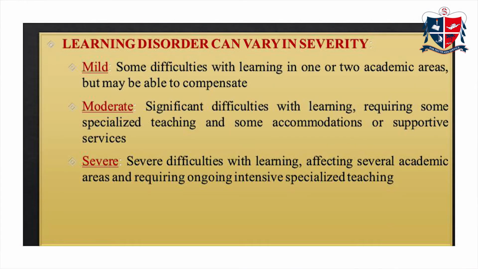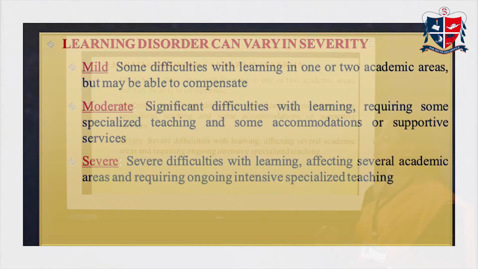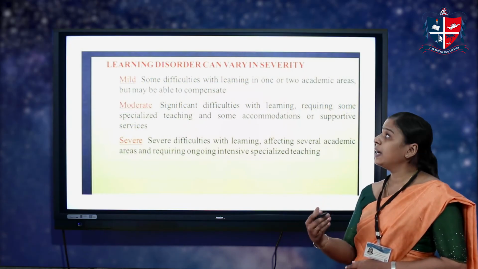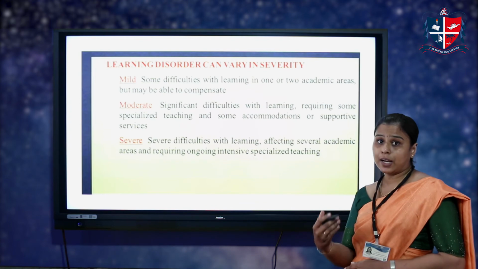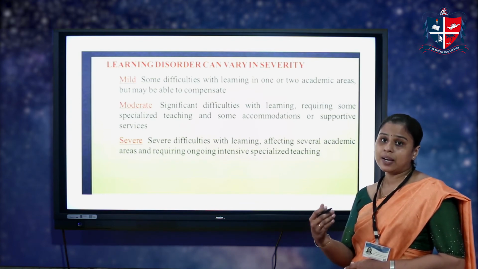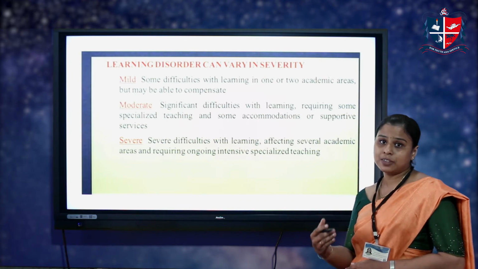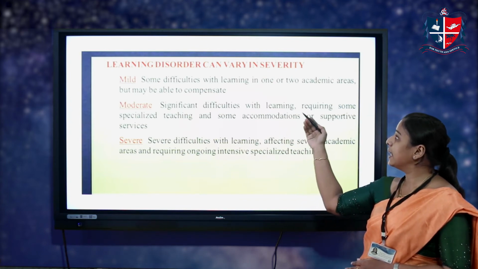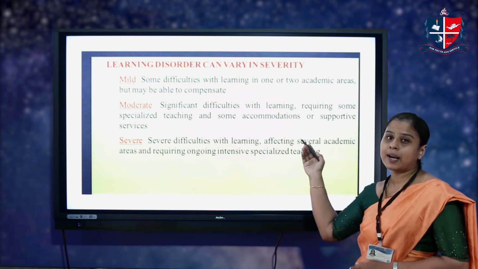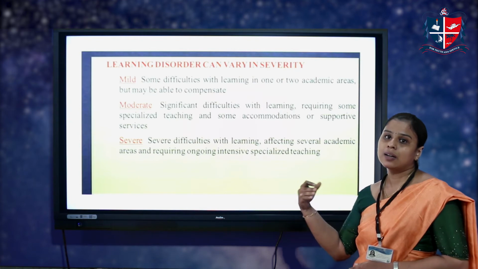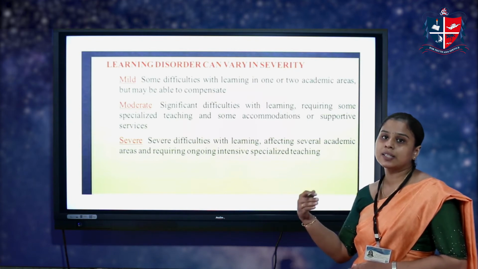Now, how can learning disability vary according to severity? There are three major levels: mild, moderate and severe. In the mild case, they have difficulty in one or two academic activities. Mild is okay, they can learn continuously.